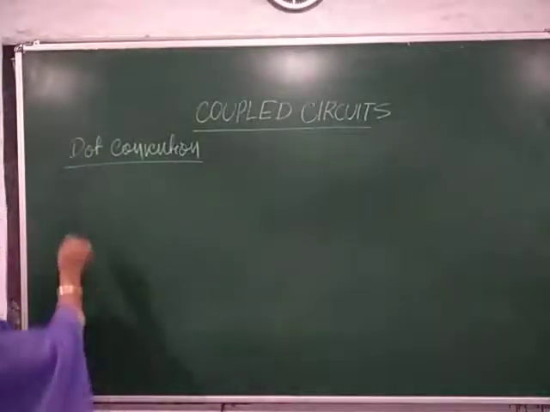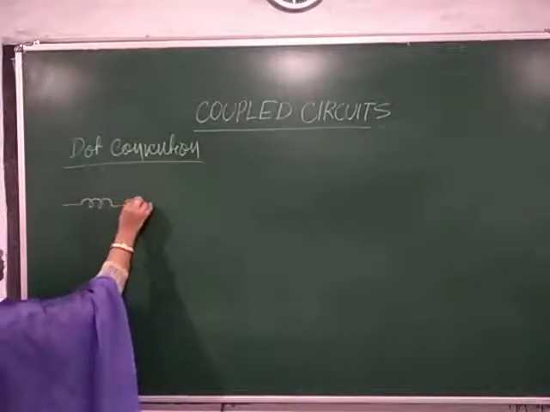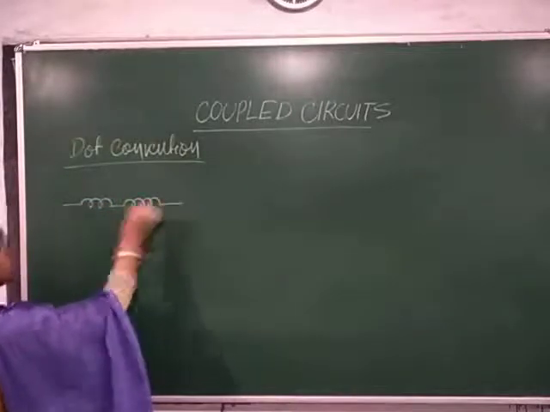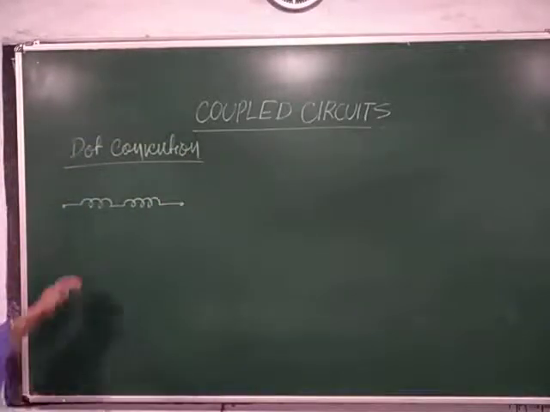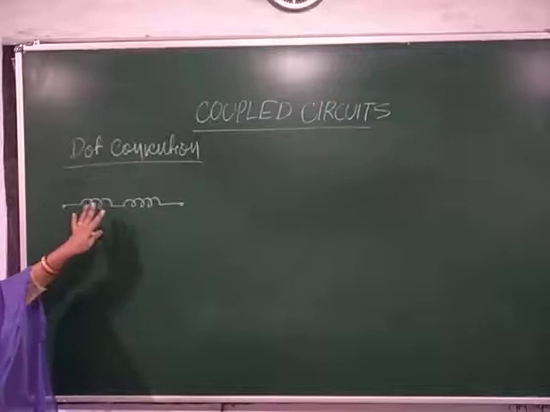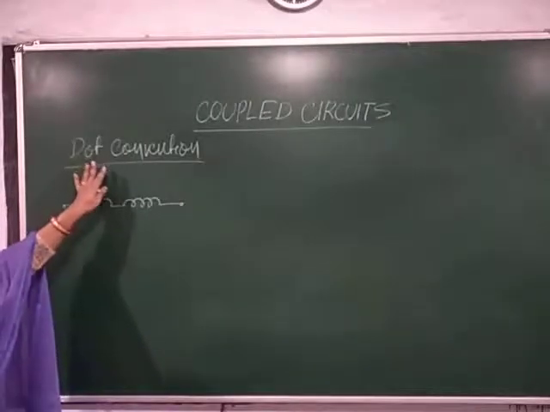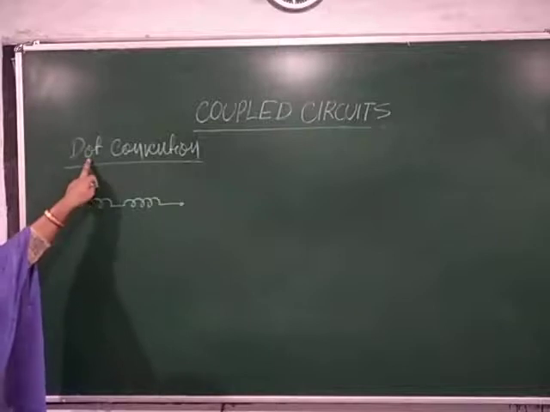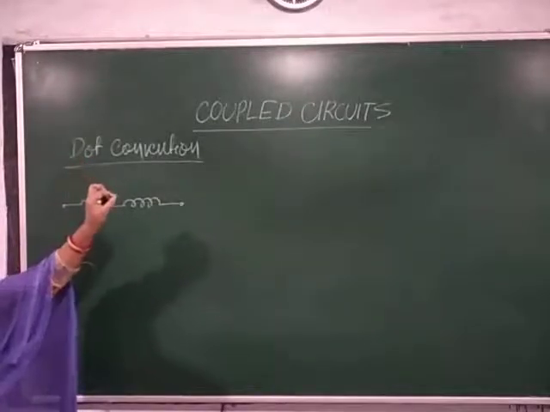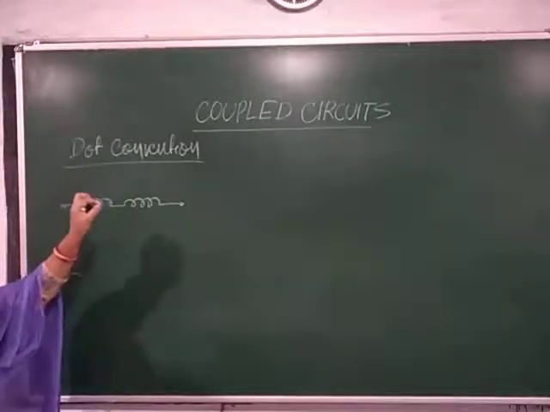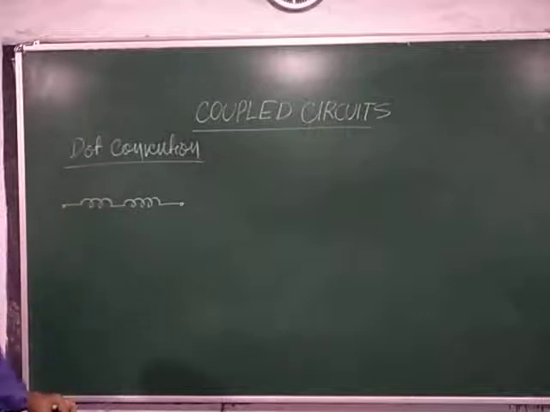So first I take a series circuit, and how do you determine the polarity of voltage in this mutually coupled series circuit by using the dot convention technique? See, in the dot convention technique, you put a dot either on the start or end terminal of the coil.